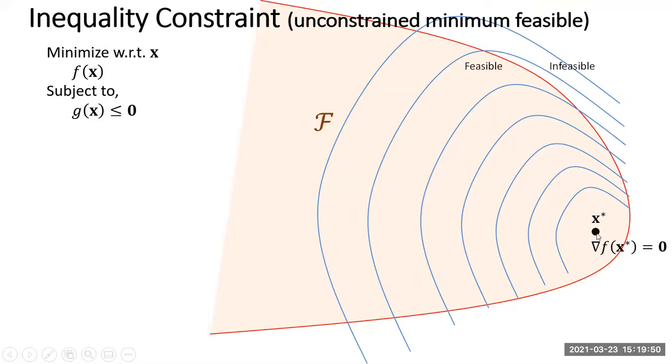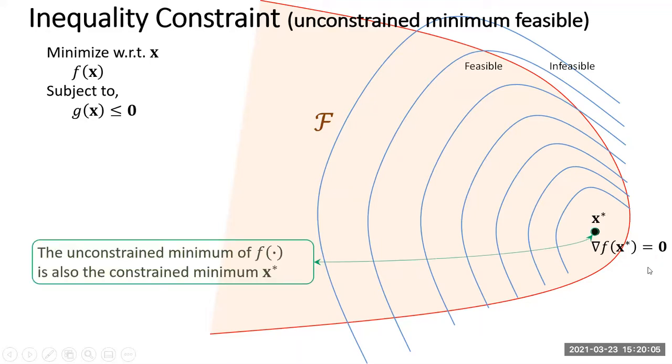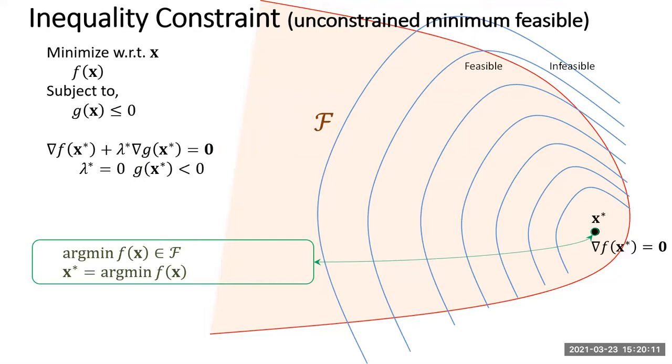Now since this is the global minimum, its derivative must be equal to 0. Del f must be equal to 0. So the unconstrained minimum is also the constrained minimum in this case. So x star, argmin f of x, belongs to the feasible region.